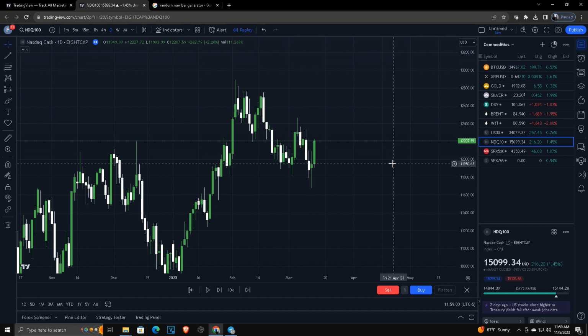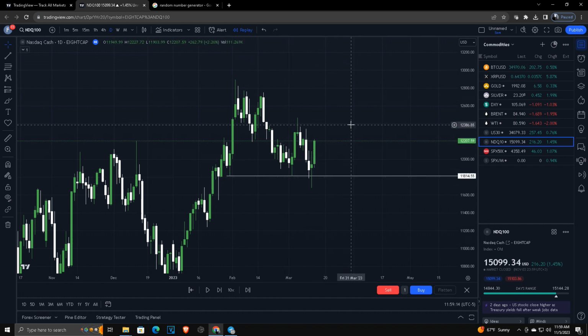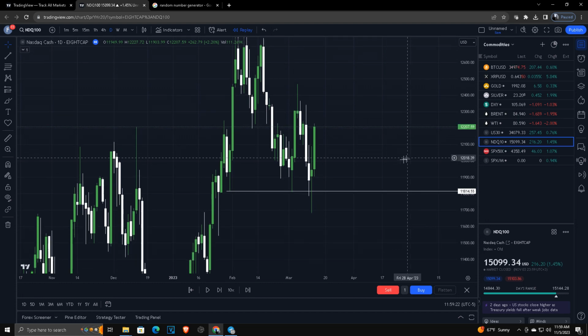So long-term bias, we're looking bullish, and it looks like we have taken out liquidity here. We had this low and this equal low, and we took liquidity out and we pushed off. So I think we can get a solid push to the upside.